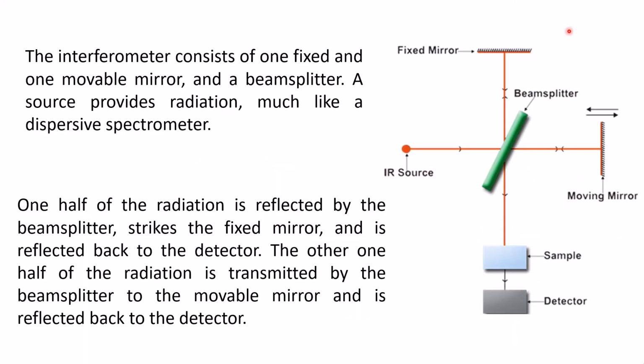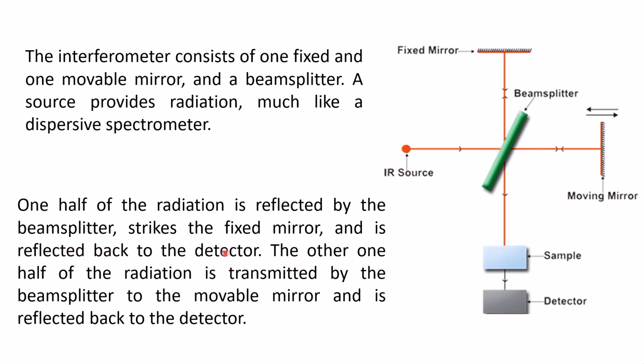So this is a typical schematic of the interferometer. The interferometer consists of one fixed mirror, this is the fixed mirror, and then one movable mirror, and of course a beam splitter here. Now, one half of the radiation is reflected by the beam splitter, strikes the fixed mirror, and is reflected back to the detector.